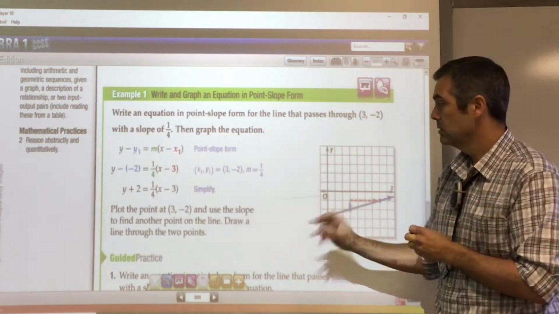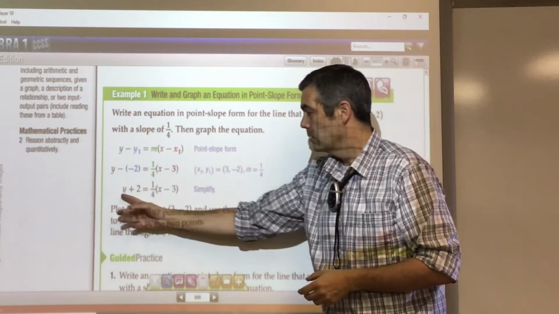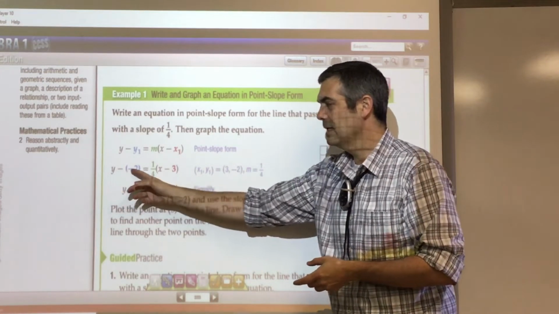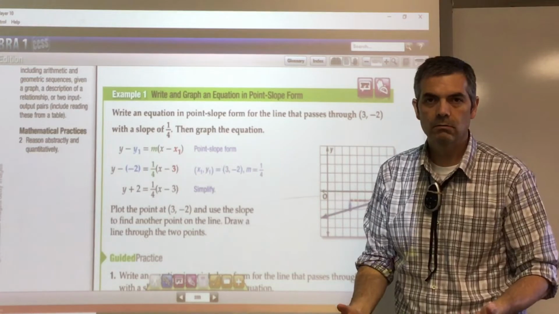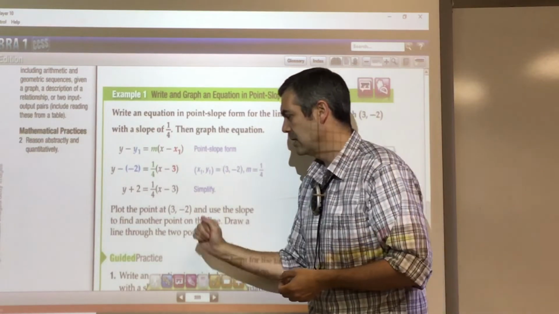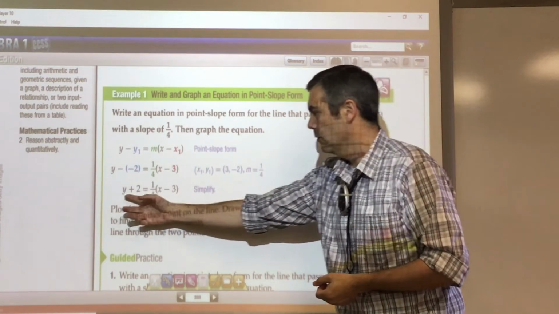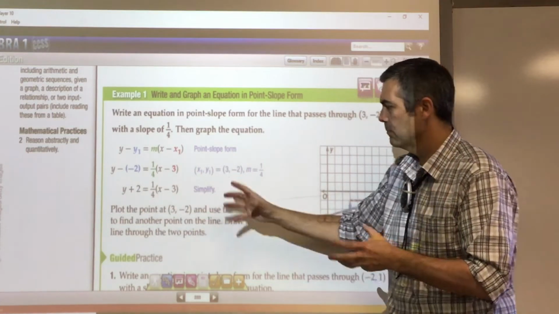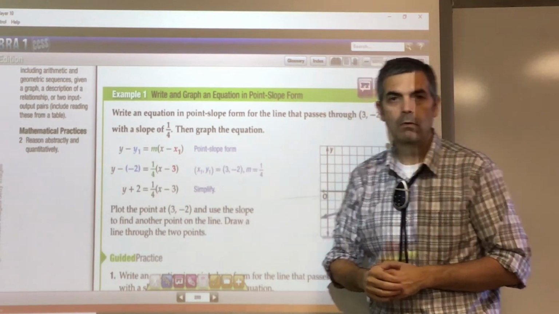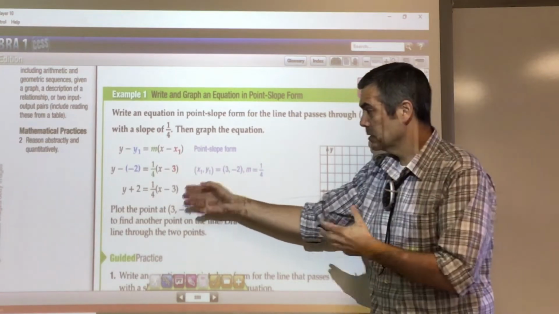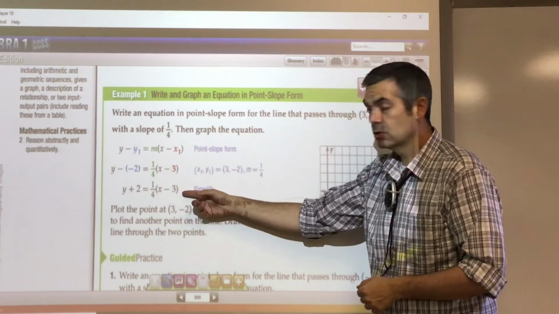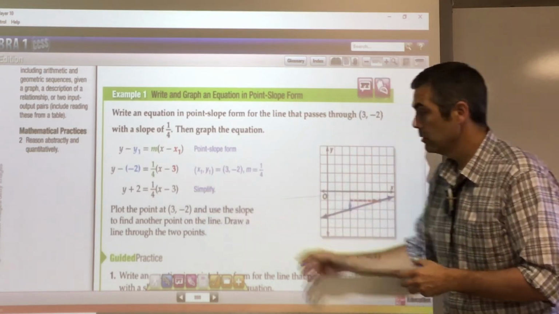Then they simplified: minus a negative is addition, so you change the sign. So we get y plus 2 equals 1/4, parenthesis x minus 3, parenthesis. That's point-slope. You have it in point-slope form.